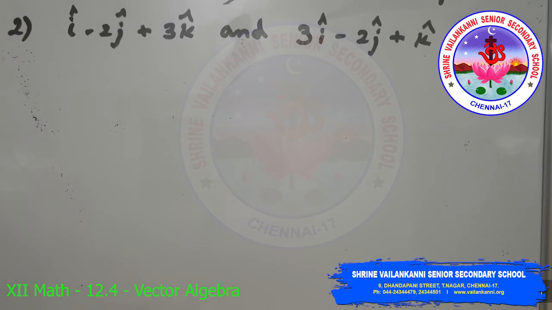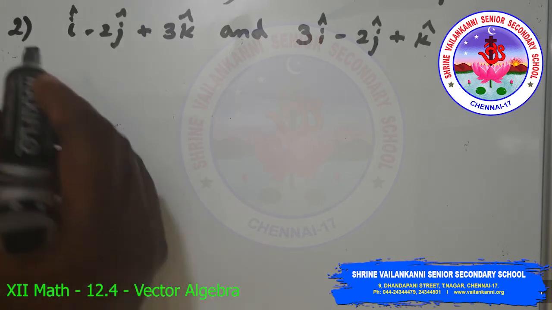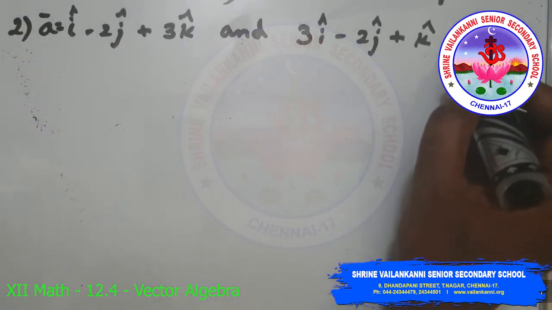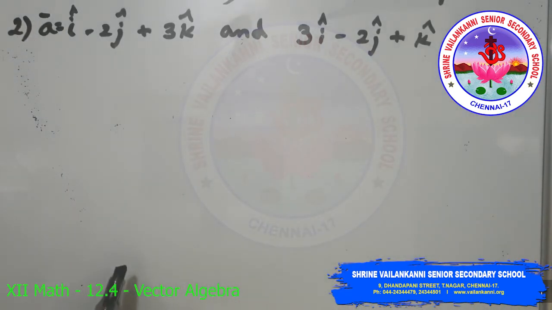Second one, find the angle between two vectors i minus 2j plus 3k and 3i minus 2j plus k. So let A equal to i minus 2j plus 3k and B equal to 3i minus 2j plus k. We need to find the angle between the two vectors.